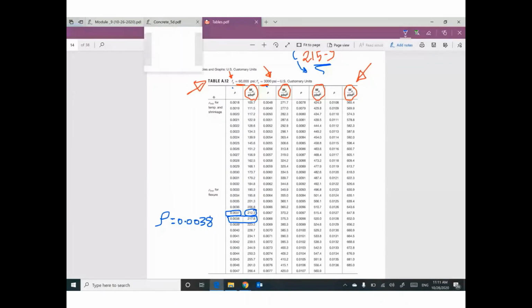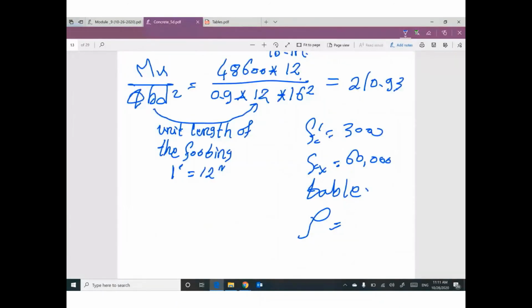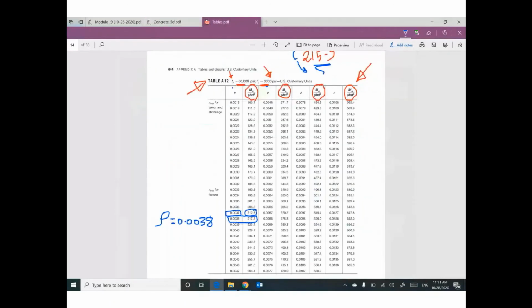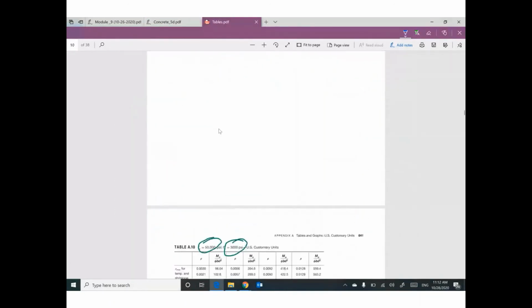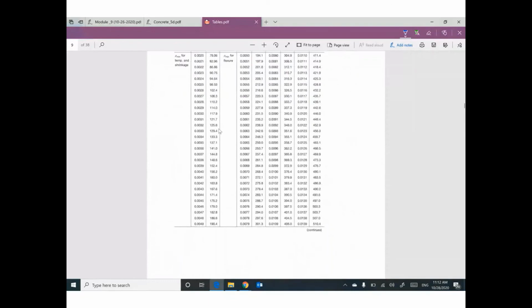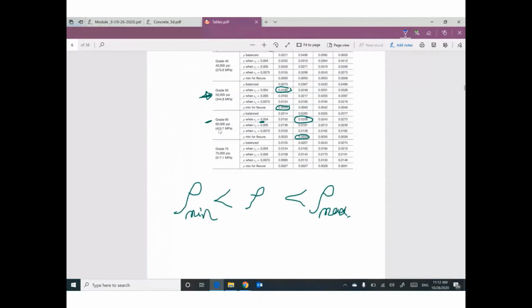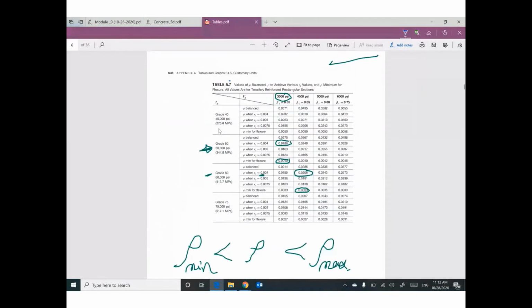So value of 0.0037. I need to check something. Do you remember? For grade 60, F prime C 3000, rho minimum 0.0033.